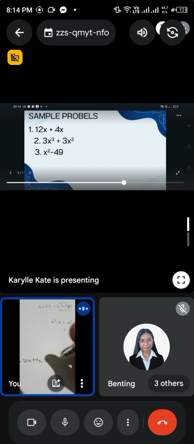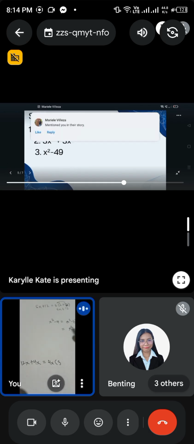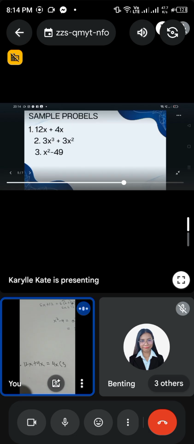If you take 4x out, what will remain is 3, because 12 is divisible by 4, and if you divide 12 by 4, the answer is 3.